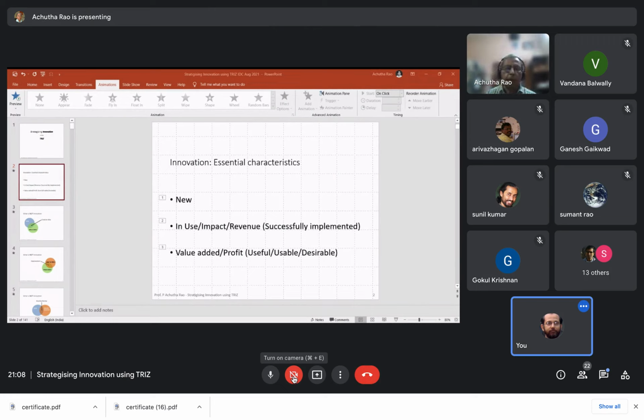Yeah, so okay. Basically, if I have a new idea and it has a value proposition, but it is not implemented, then it is only a creative concept, because one of the elements is missing. If I have a value addition and it is implemented, but it is not new, what can this be? It's only an improvement.